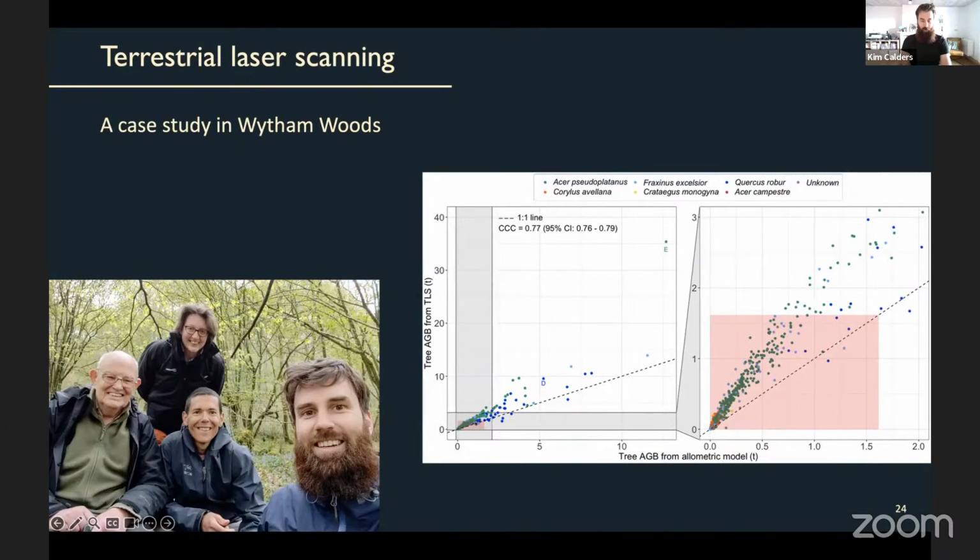So we contacted the person who made this allometric model in the 60s. This is also an old model. This is the photo on the left there, this is Bob Bunce. He is the person who made this allometric model, and we tracked him down. He was living in the Lake District, and we went back with him to some of the sites that were included in his analysis for making these models.